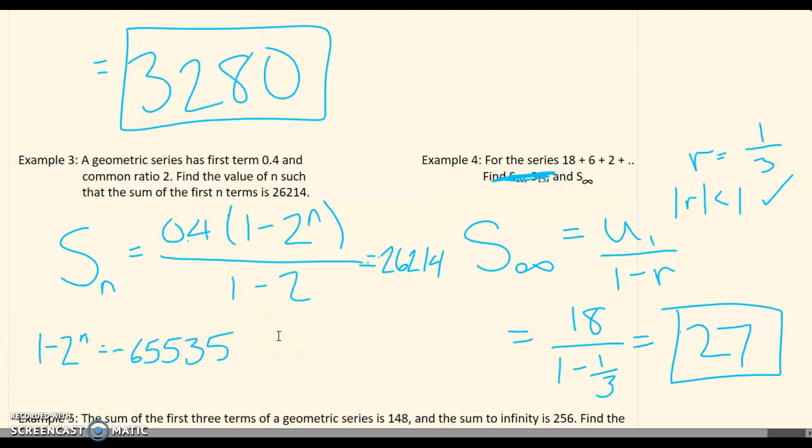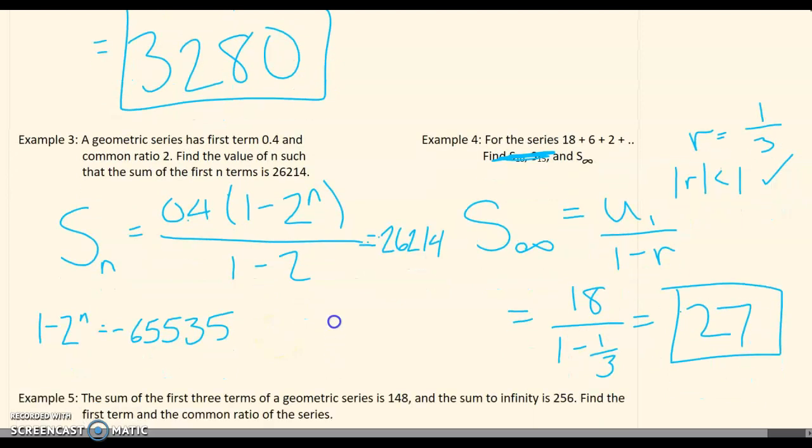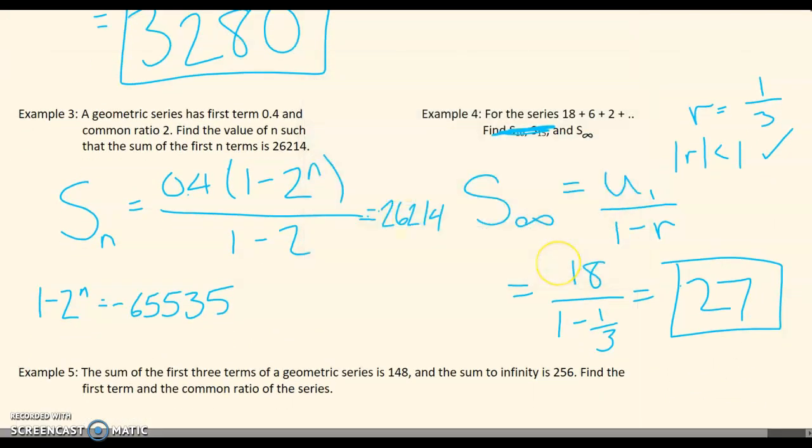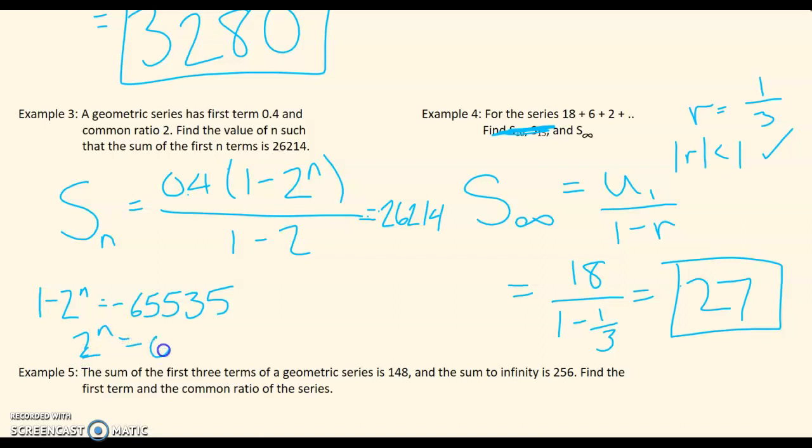So we're going to get, oh my gosh, we're really struggling on the last problem. 2 to the n is equal to positive 65,536. Now, to solve for n, we just need to take the log base 2 of both sides.